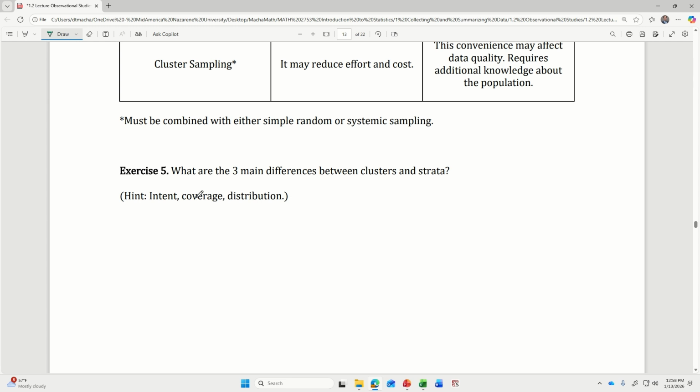And then distribution. In a stratified sample, the individuals in each stratum think alike and think differently than the individuals in a different stratum. In a clustered sample, the people within each cluster have a diverse range of opinions that should roughly follow the distribution of the overall population.